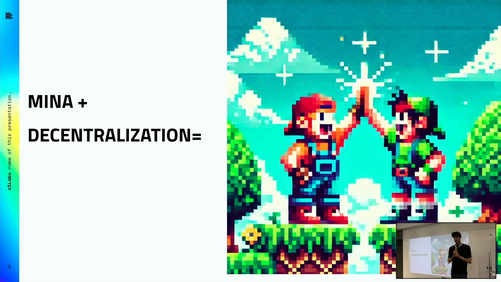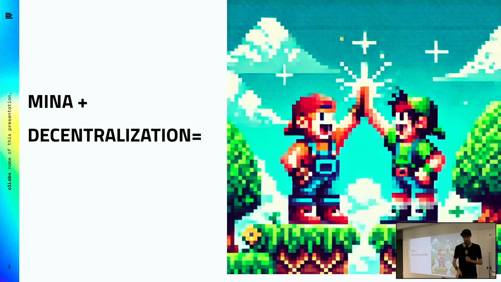Because of decentralization. Most blockchain systems tend to trade off between scaling and decentralization, and with ZK, you don't really have to make that trade-off. The biggest way in which Mina does this is through succinctness, having a succinct blockchain.